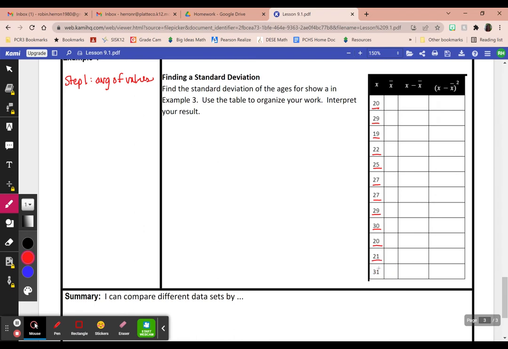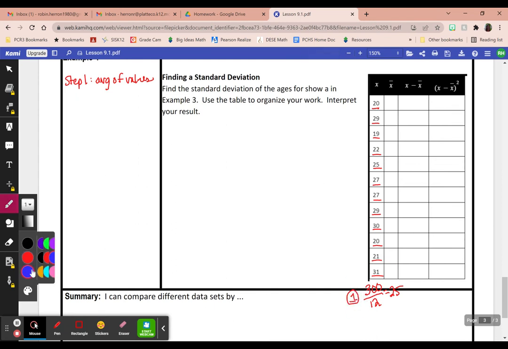These are all going to be added together, right? So when I add them all up, this actually equals 300. Okay, and then I have to divide by how many there are, and there's 12 of them. So 300 divided by 12 equals 25. Okay, so that's step 1.